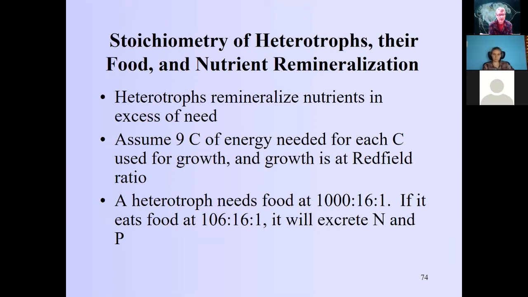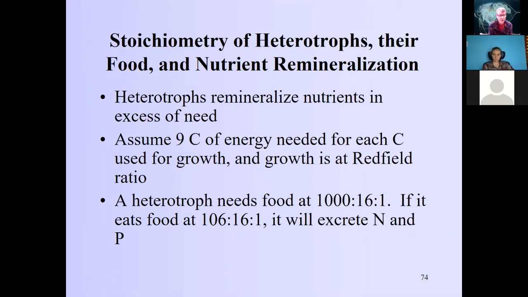Anytime you have more nutrient than you need, you excrete it. So we're excreting urea and phosphate all the time, because in our food in general, we tend to get more than we need of carbon.